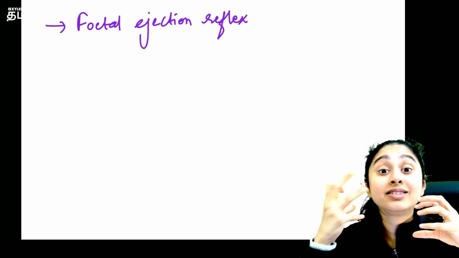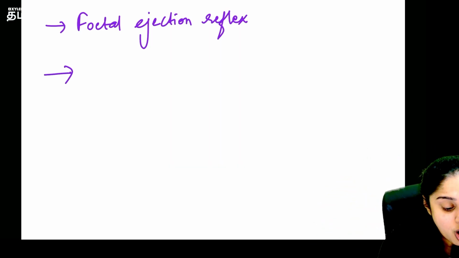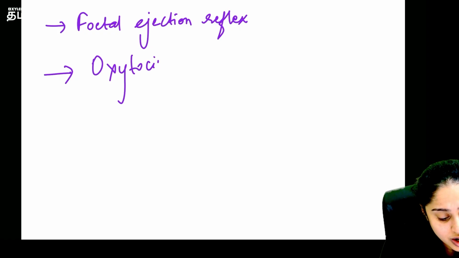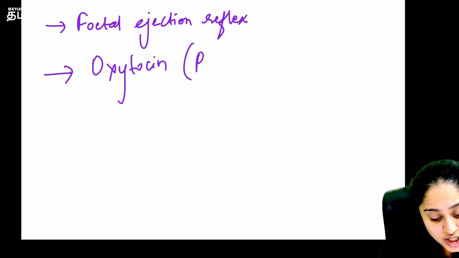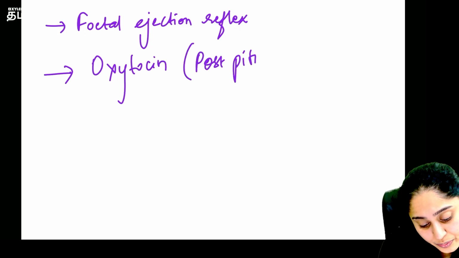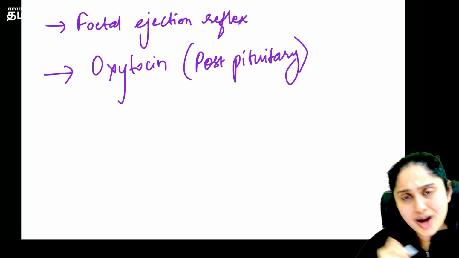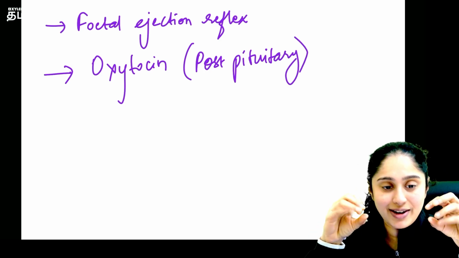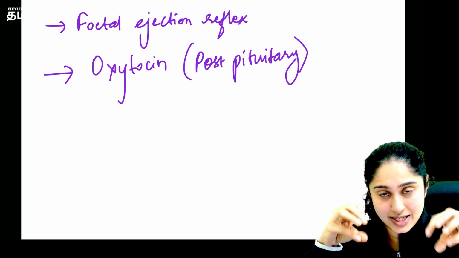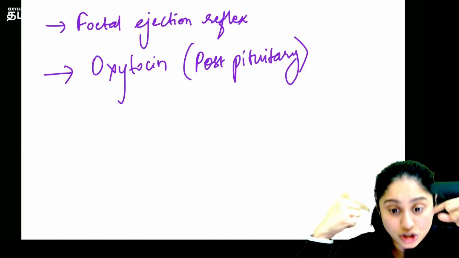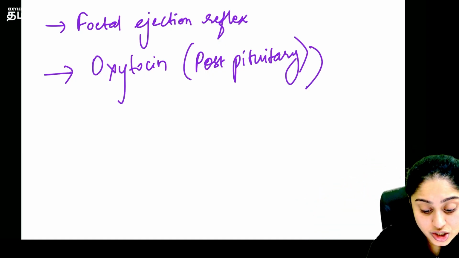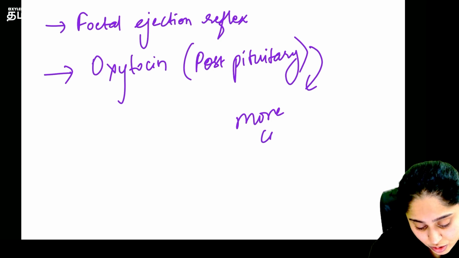Now looking at this contraction, what will happen? Oxytocin will be released from the posterior pituitary of the mother. Okay. Now once a little bit of a reflex comes from the fetus and the placenta, a little contraction is seen, oxytocin will come.